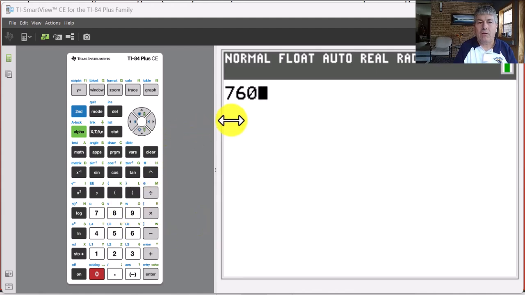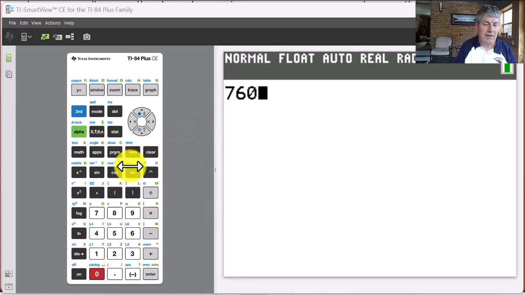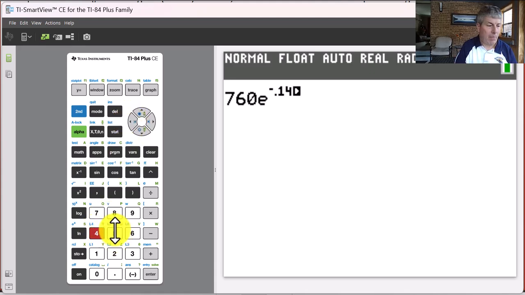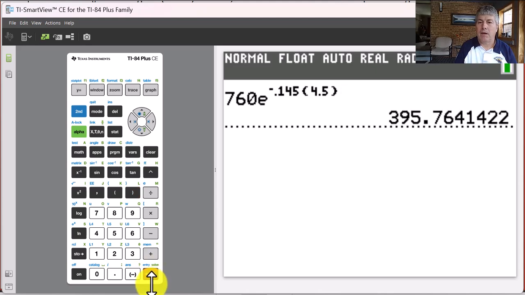So going to my calculator, I have 760 times e. E is above the natural log key, so second ln, e raised to the negative 0.145 times 4.5. And we get 395.76.